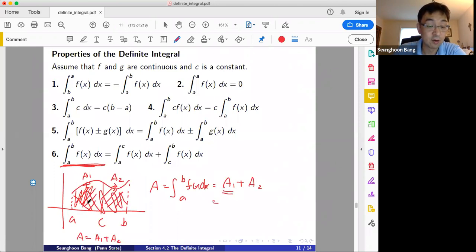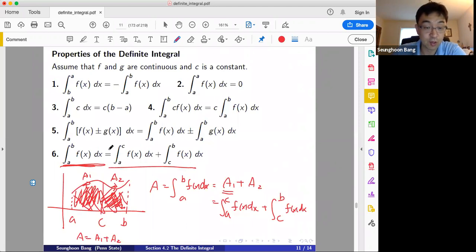A1 is the left-hand side, the integral from a to c of f of x dx. The integral from c to b is A2, the right-hand side, f of x dx. So these are true. We can go forward and backward.